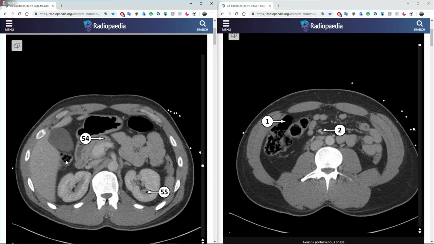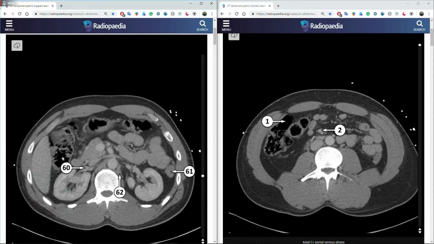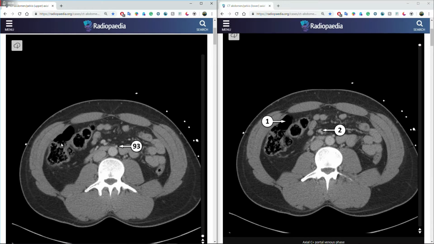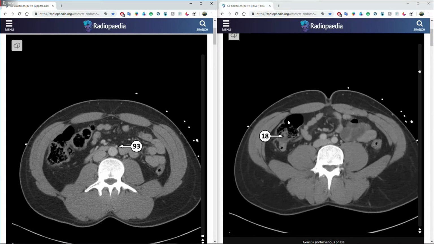And we know as that continues, the ascending colon will meet the transverse colon before it goes across, and then down the descending colon to the sigmoid colon to the rectum. So here we can see the ascending colon, continuing on the other side, and eventually it becomes the cecum.